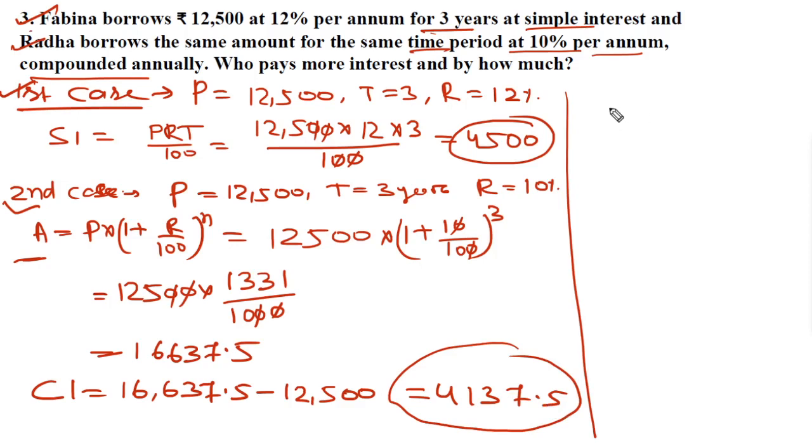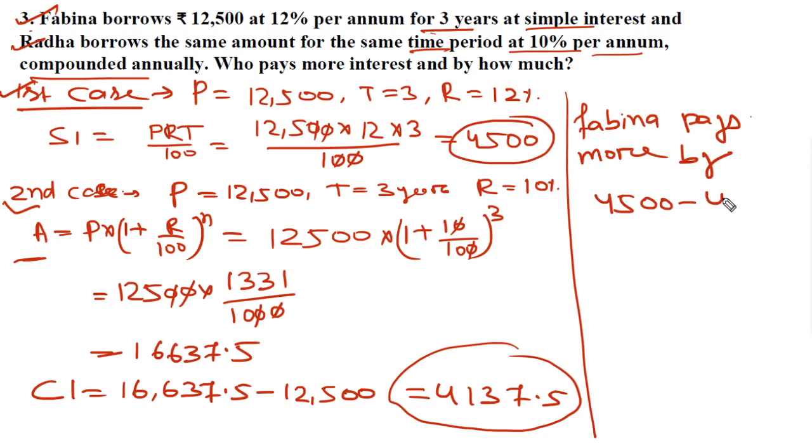Now you can clearly see Febina is paying more. So Febina pays more. By how much? By 4,500 minus 4137.5.